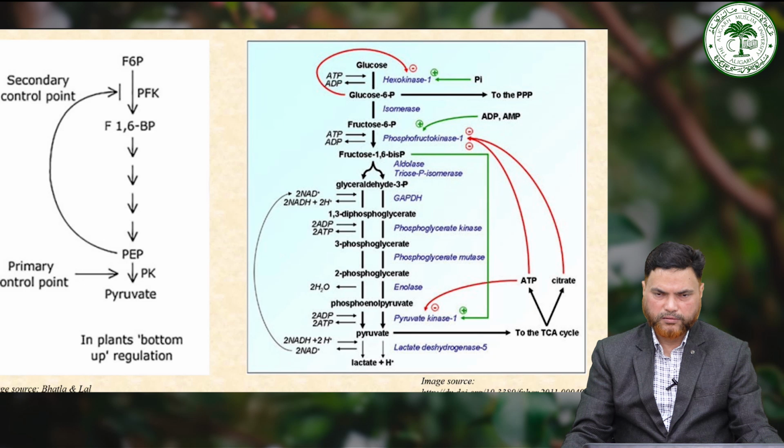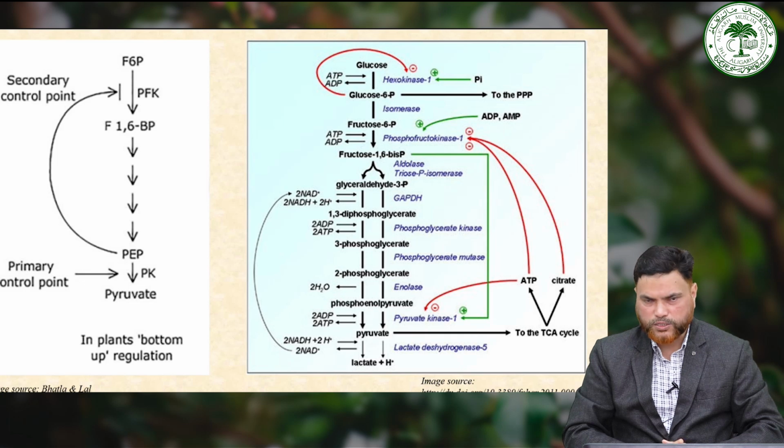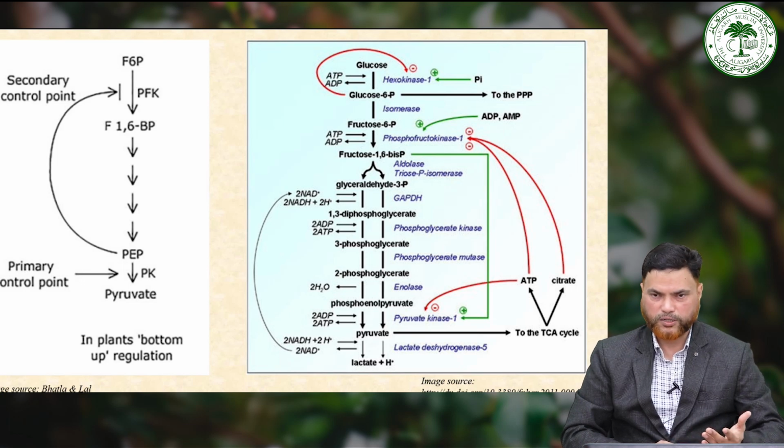So, you see that these switches basically maintain a proper homeostasis. Like in electrical circuits, you see different switches as control points. You just switch on, then bulbs illuminate, and different switches serve different functions.